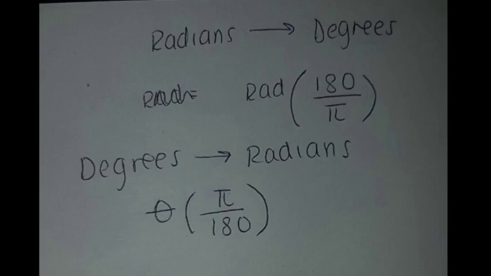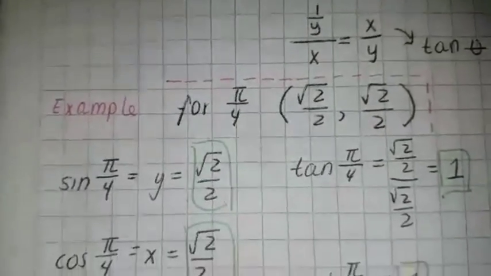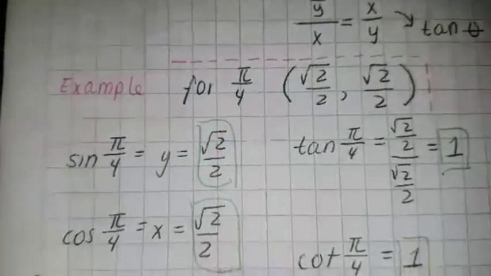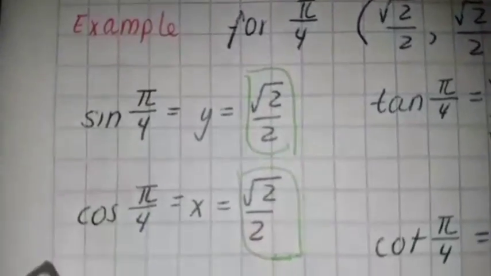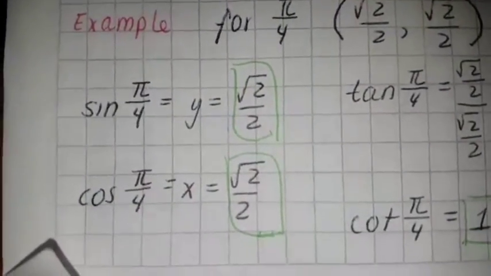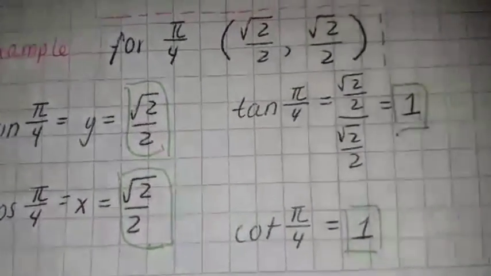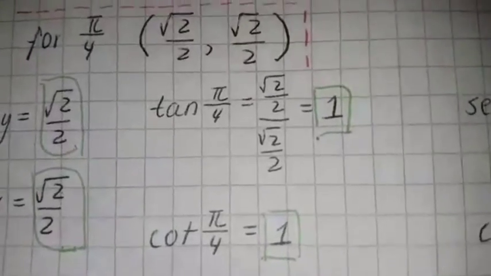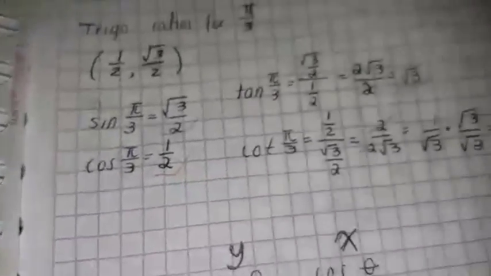For this, we have to convert from radians to degrees to see in what quadrant of the circle is located the value. For this example, they are telling you to get the trigonometric functions of pi over 4. But if you know what cosine and sine is, you can get all the function values.